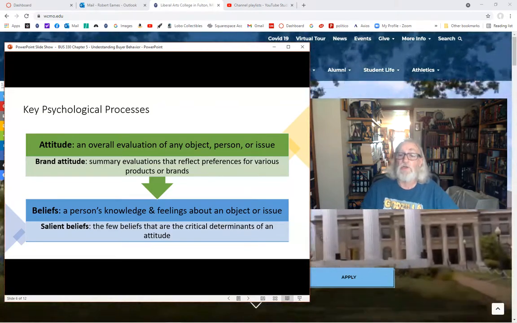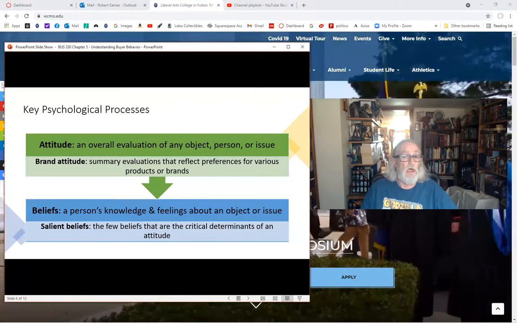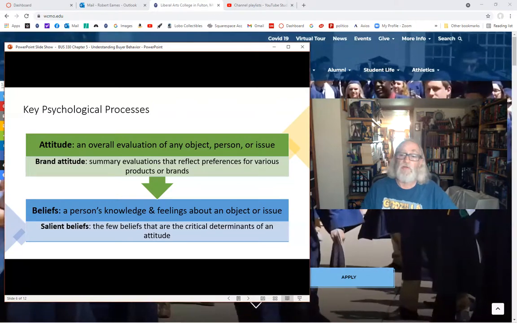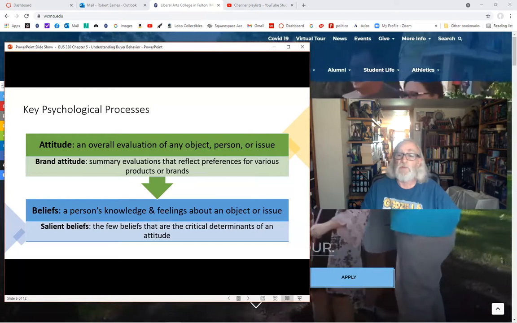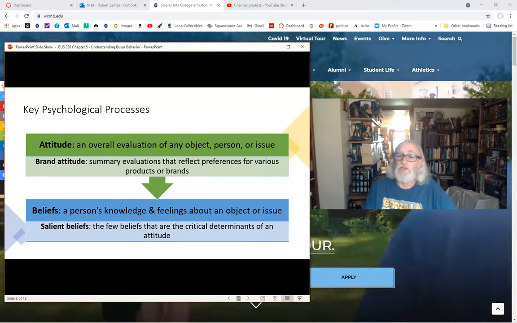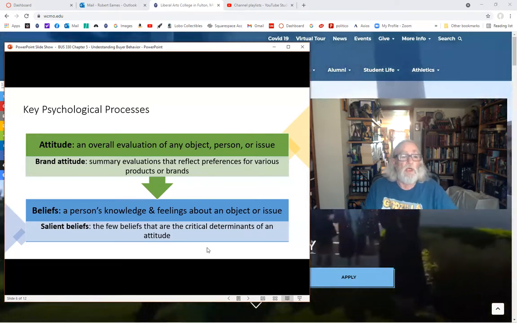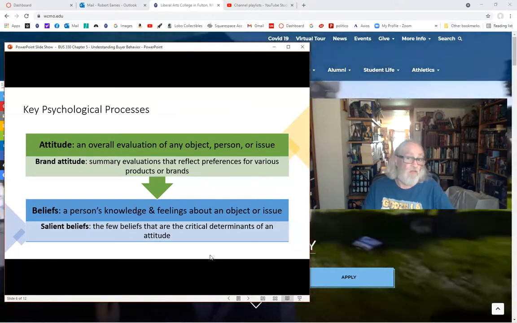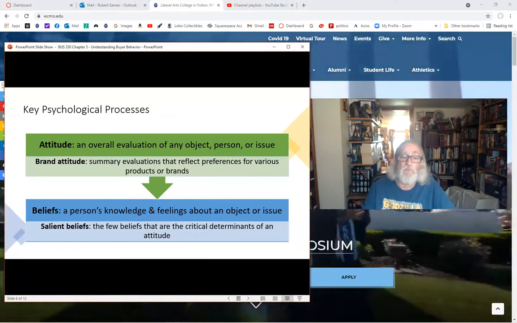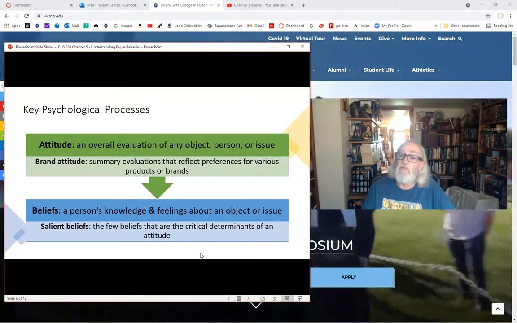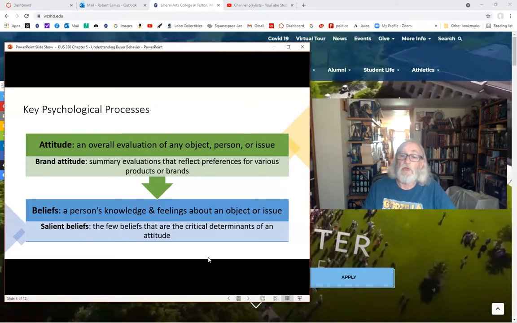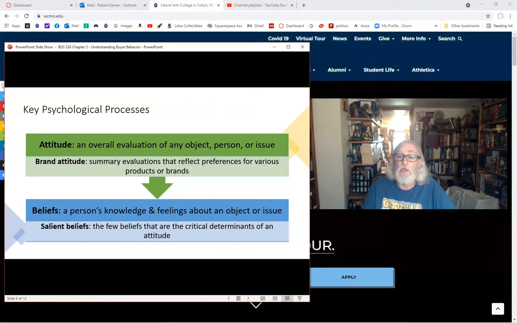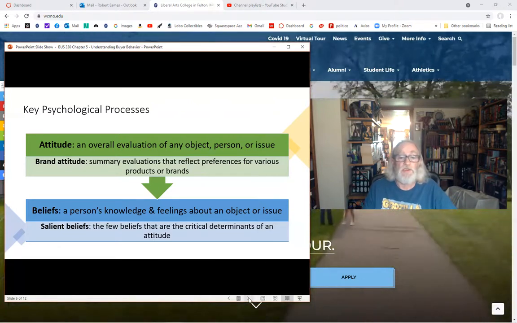Beliefs are like attitudes. We can't always tell what a person's attitude or belief might be because they're held within. But a belief is simply a person's knowledge or beliefs about some object or issue. A salient belief is just a very important or significant belief that might affect a person's attitudes to the extent where that becomes a major determinant that is part of the criteria that consumers use when they make a purchase decision.